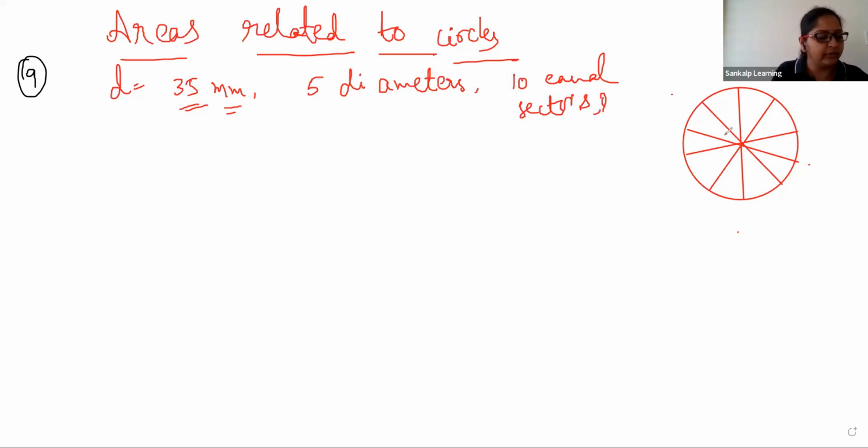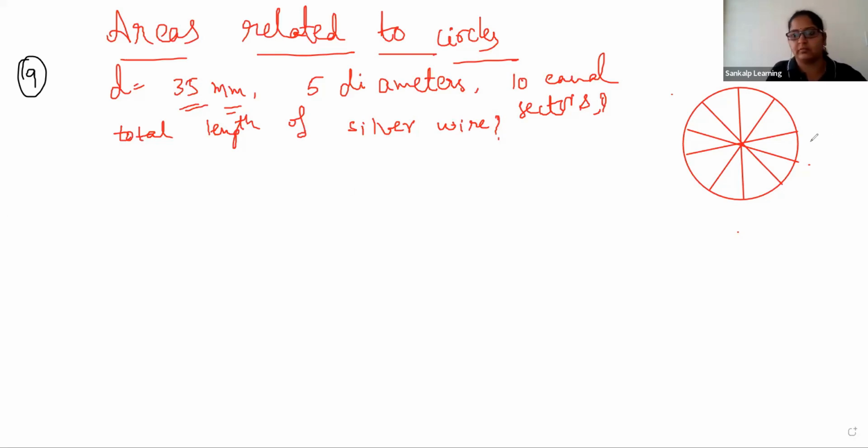So you have to find the total length of the silver wire used to make the ornament. Okay, once again I'll tell you. It is the brooch, made up of silver. The lines are made up of silver wire, as well as the circle.